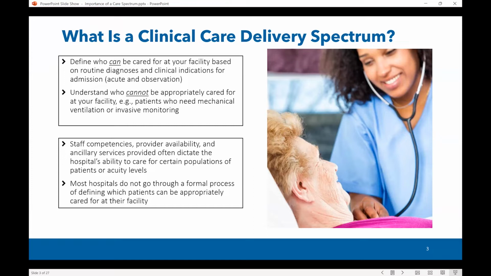What do you not have available? And what does that look like with your population of patients? We've seen that most hospitals have not gone through a real formal process of looking at what kind of patients can be cared for. Sometimes there's a very loosey-goosey type of admission criteria, but nothing formal to develop their care spectrum.